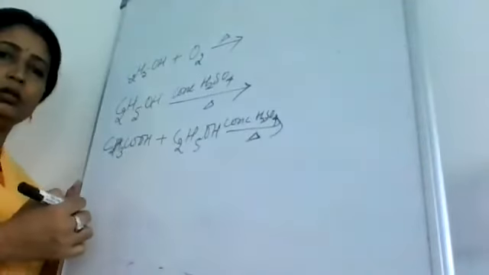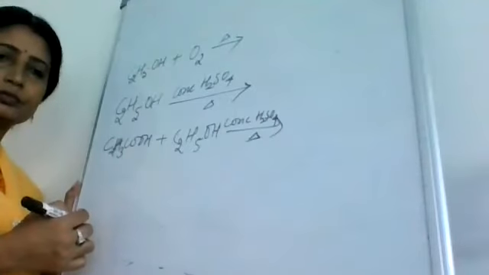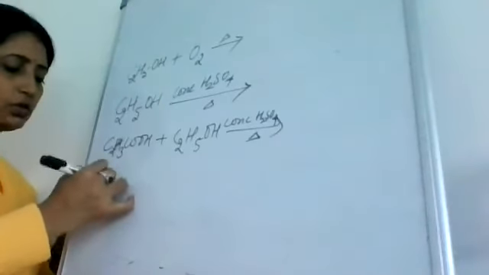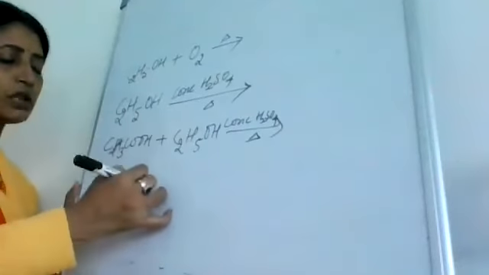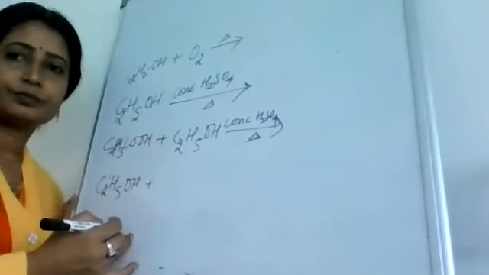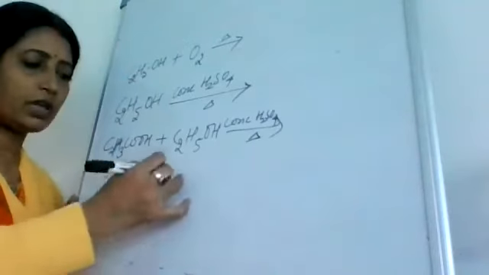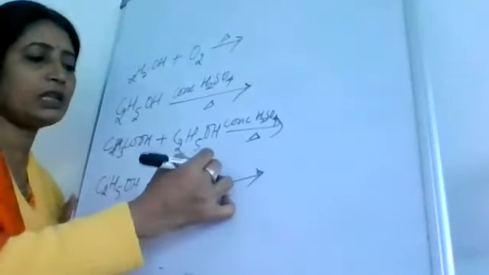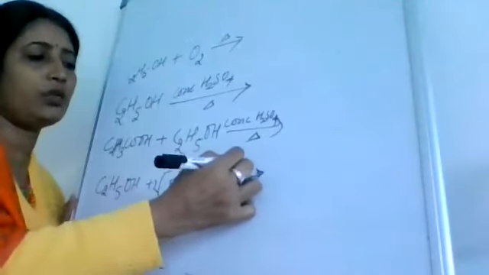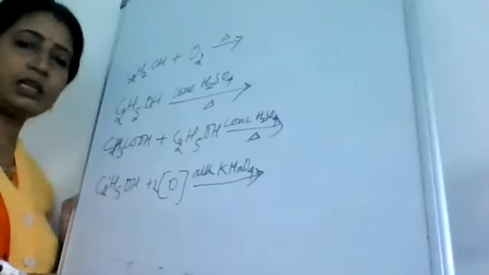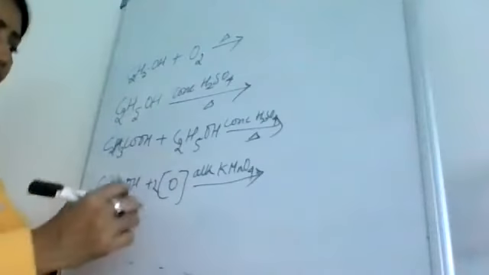Next. Oxidation. C2H5OH plus, going to react with what? With nascent oxygen, in presence of alkaline KMnO4.